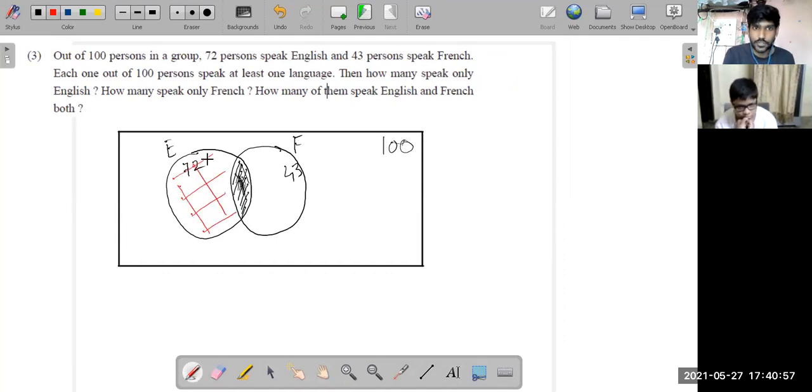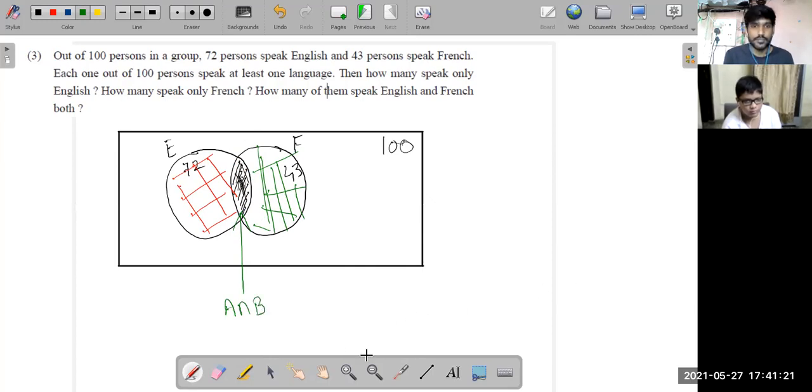That is this portion of the Venn diagram. And you have to find out how many speak only French. That is this green portion of the Venn diagram. Okay. Now, your question was how to find out how many in the intersection. So you have to find out how many in A intersection B.